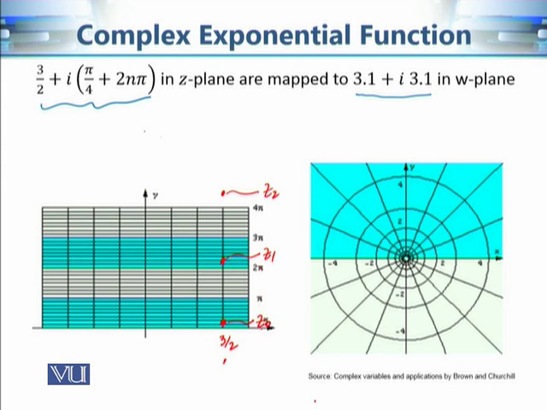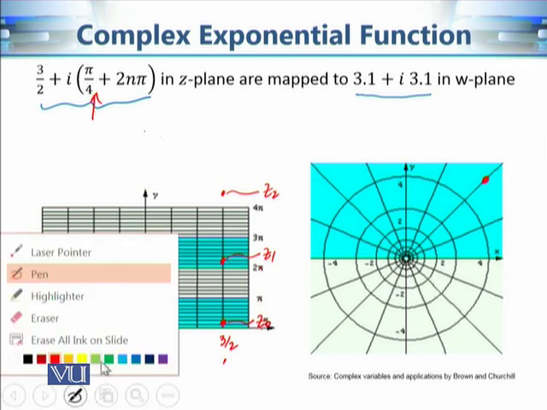In fact, the real part is mapped to somewhere between 7 and 8, and the angle of this is π/4, so it is 45 degrees. This is the image of all of these numbers.